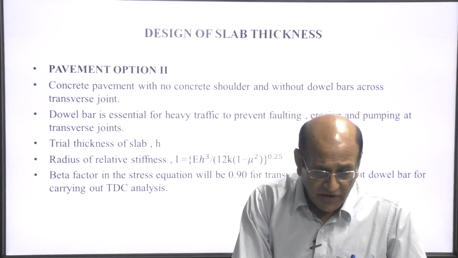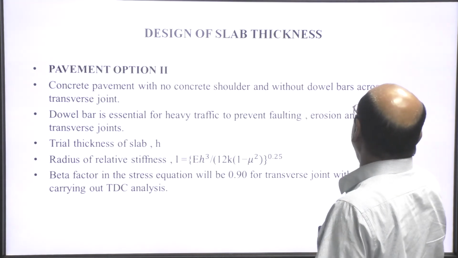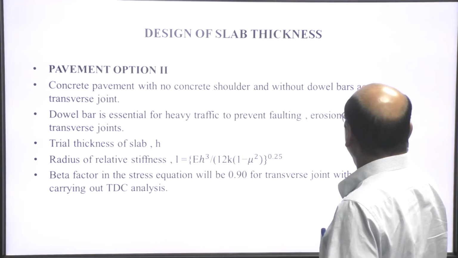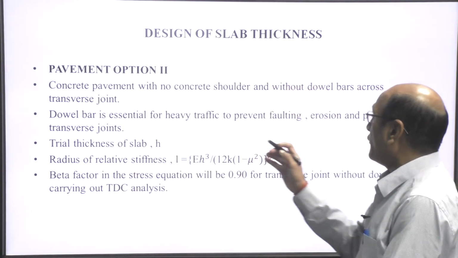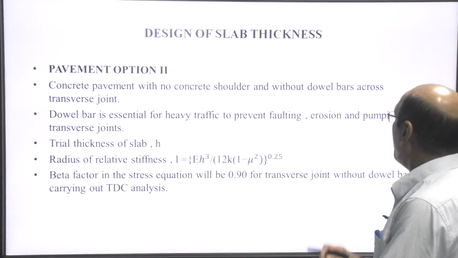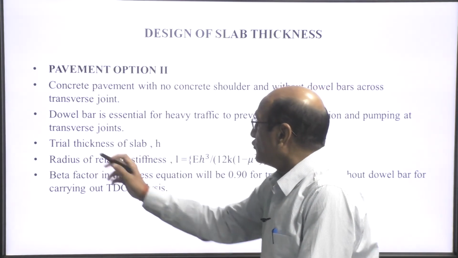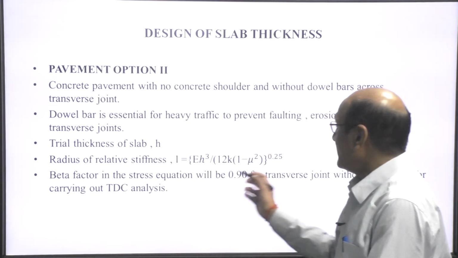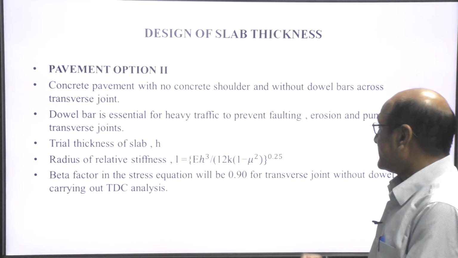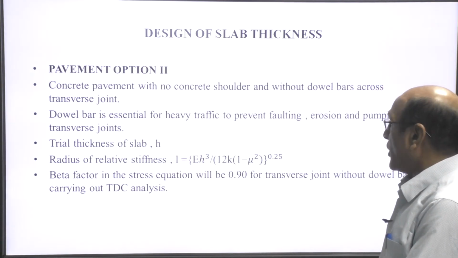Here, the concrete pavement with no concrete shoulder and without dowel bar in transverse joint. So, dowel bar is essential for heavy traffic to prevent faulting, erosion and pumping at the transverse joint. So, trial thickness of slab h and radius of relative stiffness L is equal to (E h cubed divided by 12 K (1 minus mu squared)) to the power 0.25.